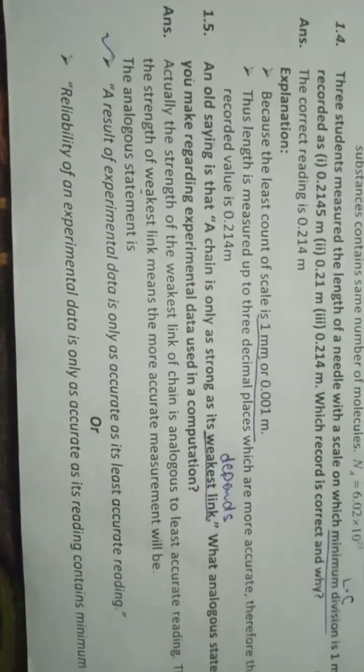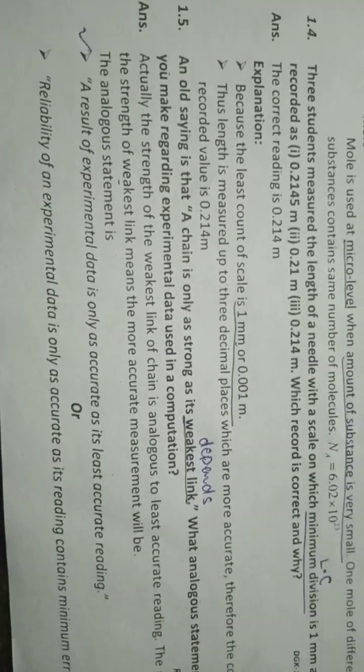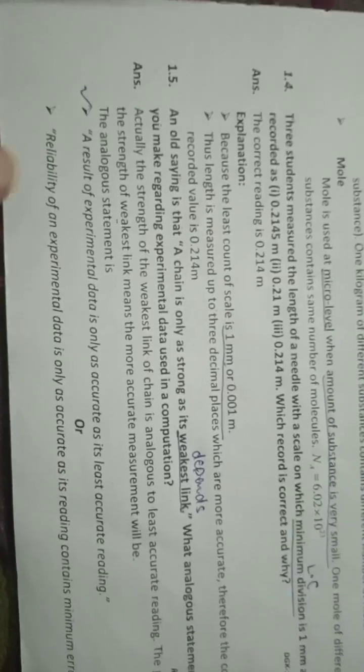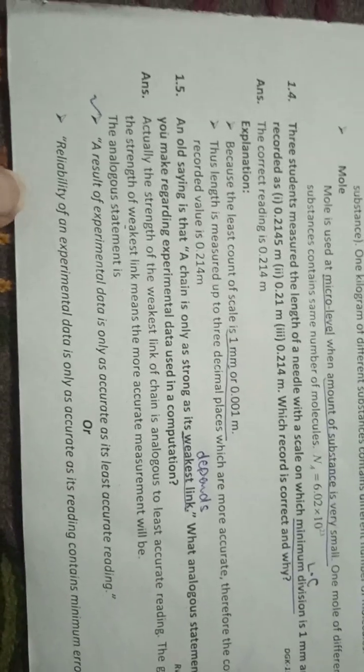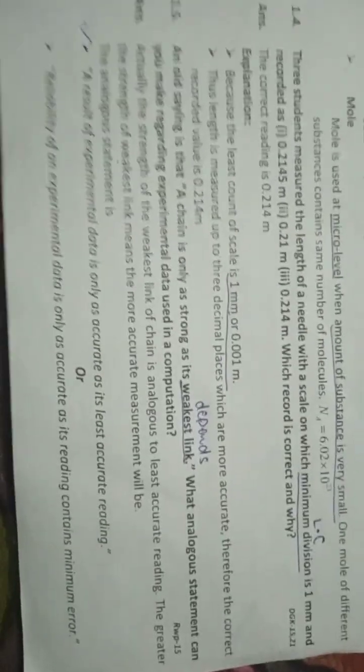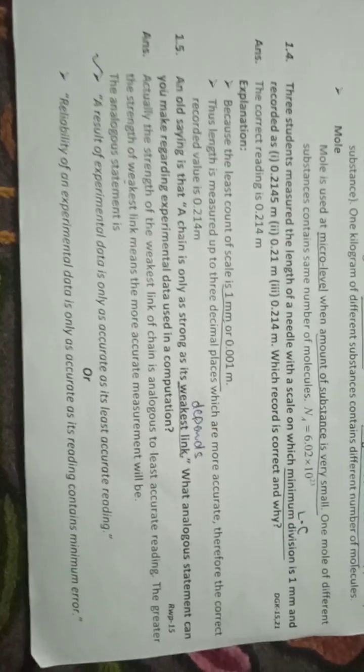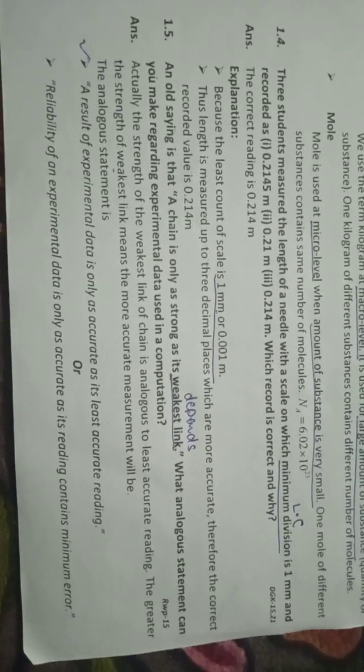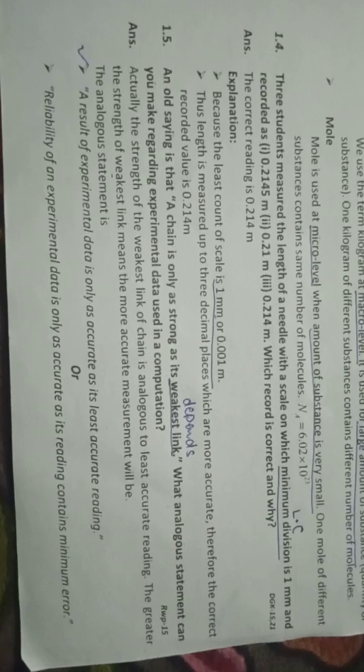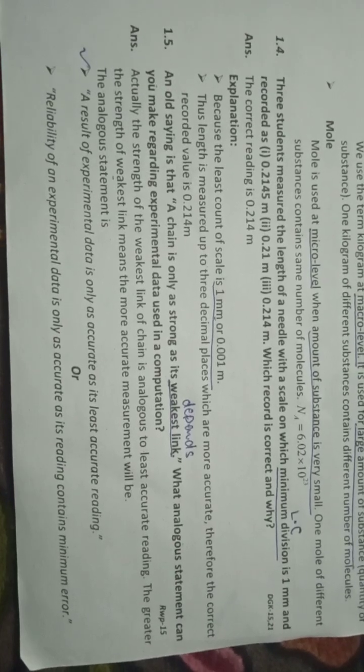And the next thing is question number 5: the chain is only as strong as its weakest link. This is a very confusing question for the students, but I will discuss it. What analogous statement can you make regarding experimental data used in computation?